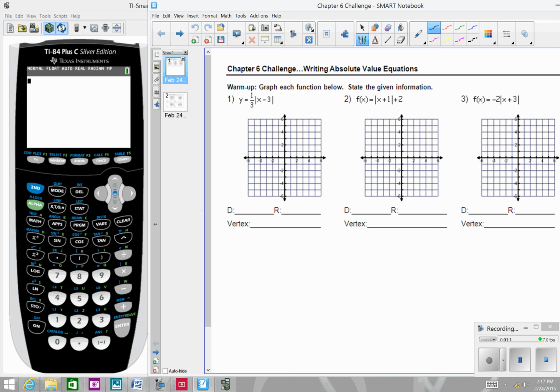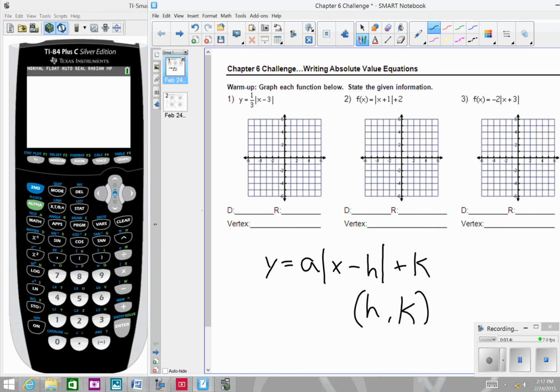The general form of an absolute value graph is y equals a times the absolute value of x minus h plus k, where our h value is the x coordinate of our vertex, and our k value is the y value of our vertex.